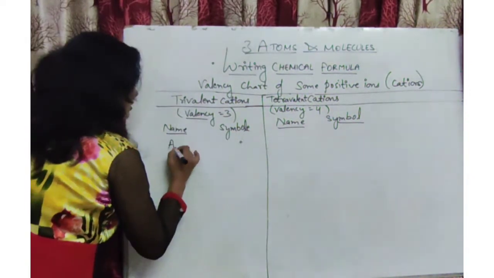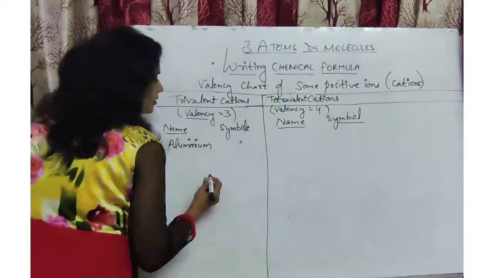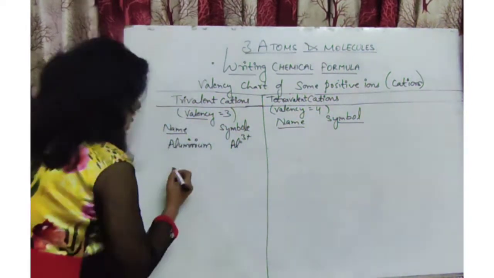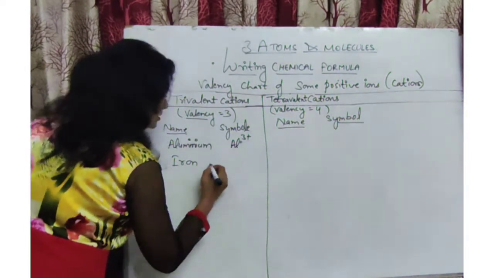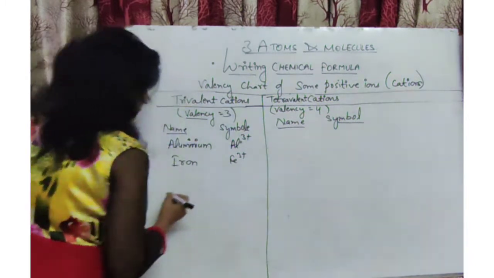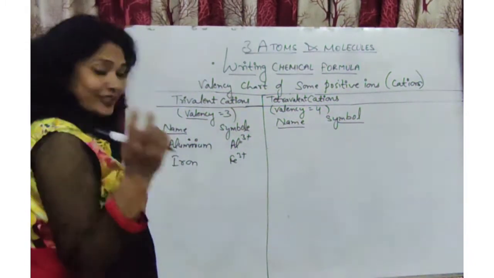It's aluminium, Al3 positive. Then iron, Fe3 positive. For that iron, it has variable valency 2 and 3 valency.